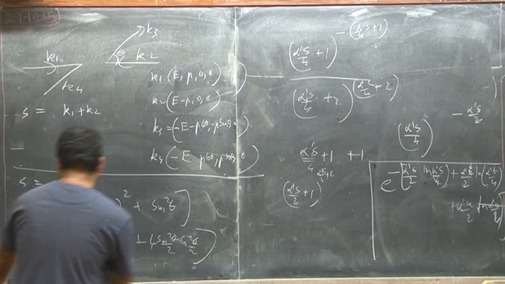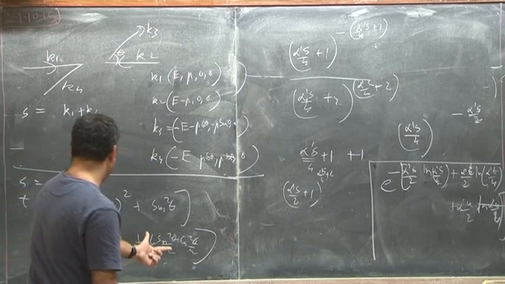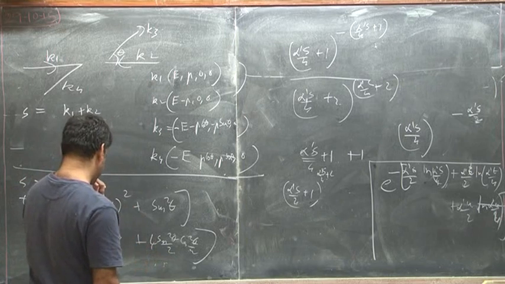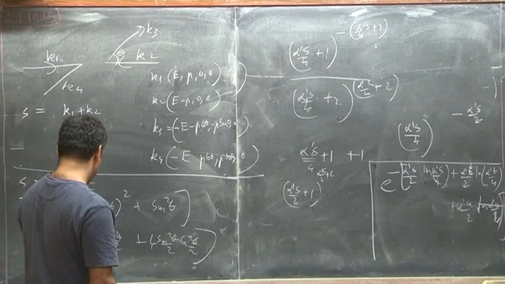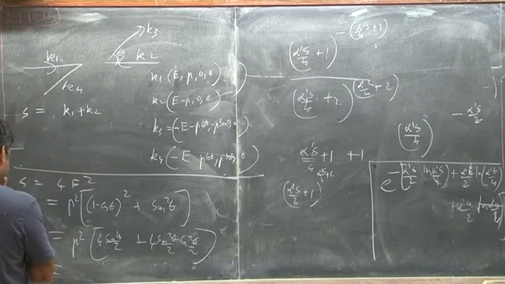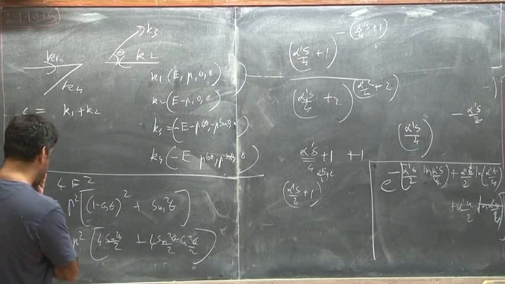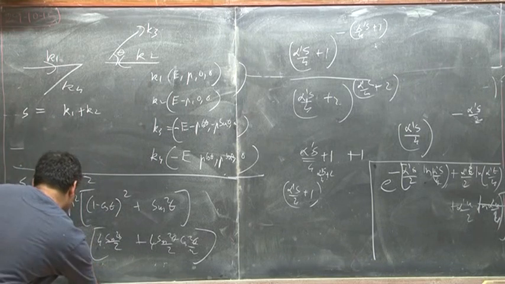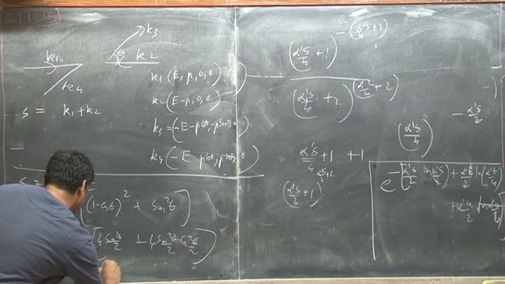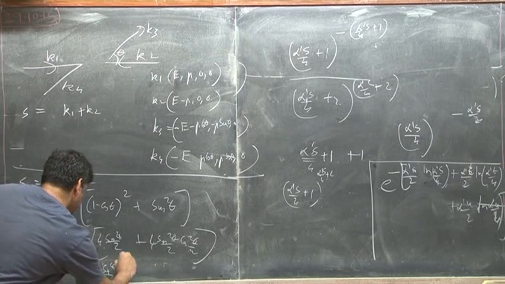Okay, which is equal to, and then we take sin squared theta by 2 out. That was a nice formula, right? First we simplify 1 minus cos theta square plus sin theta square, which is just 2 minus 2 cos theta. P squared into 4 sin squared theta by 2.